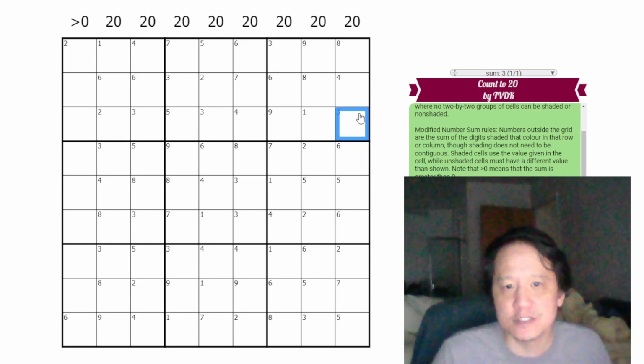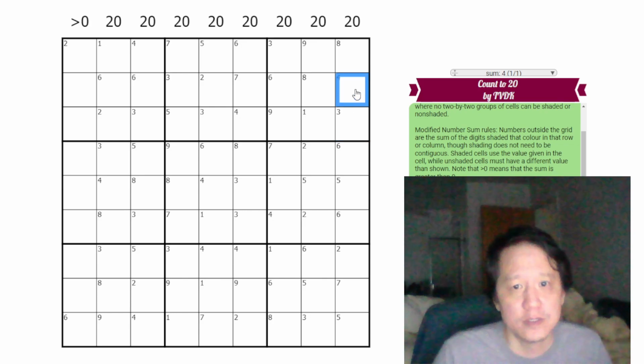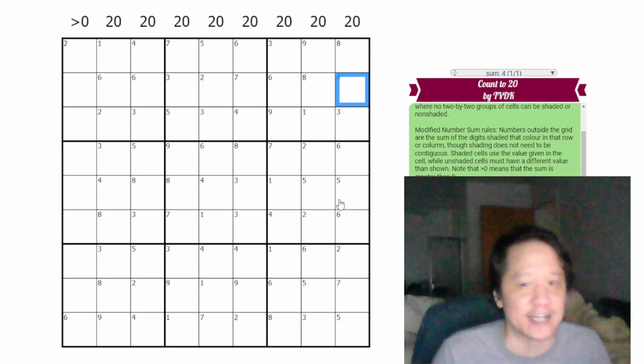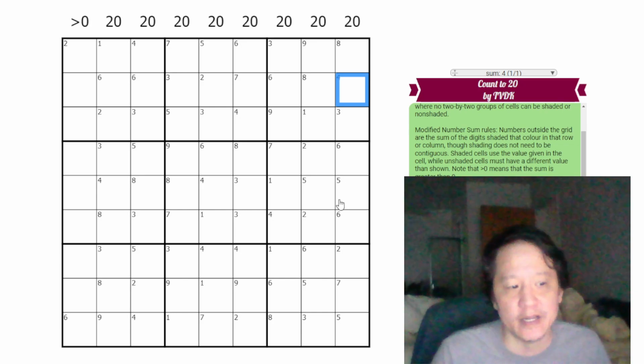And if a cell is shaded, it must use the value given in the cell. So, for example, I'm assuming that if this is shaded, that would have to be a 4. The rules are a little squirrely, so I'm not completely sure that actually is the rule, but I'm going to go with that.